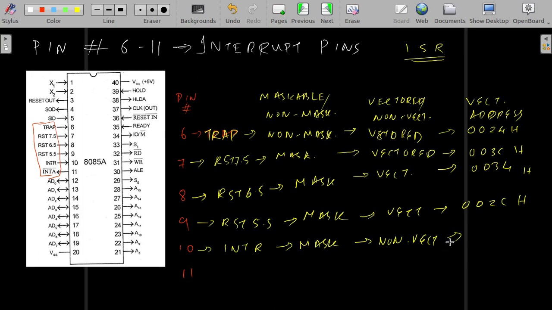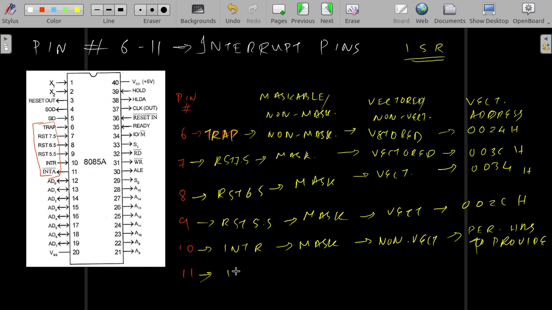So where will the processor get the vector address from? Because it's a non-vectored interrupt, the peripheral which is requesting the interrupt has to provide the vector address.